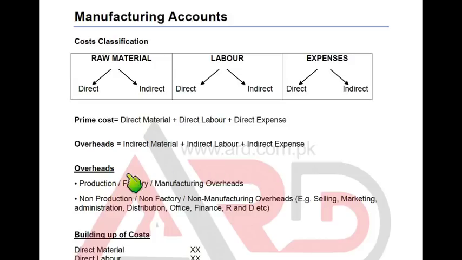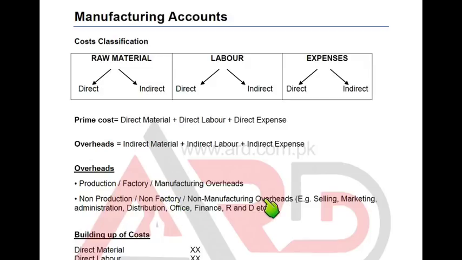Costs that are incurred in a factory during production to make a particular product or service are known as production overhead, and non-production overheads are costs that are not being incurred during production, means they are incurred before production or after production. These are not incurred on the factory floor, means these are incurred in some other departments which are support departments.